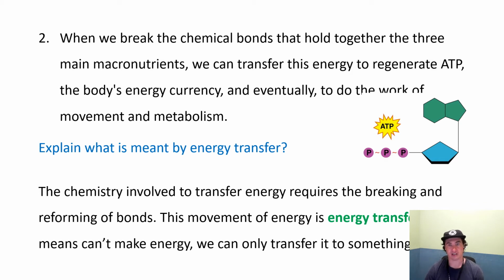A good way to think of it is having three kids in the back of your car, three siblings that, in a space like that, close together, there's a bit of tension between them, especially on long trips. That tension, in this example, is energy. If we split that tension, we release some energy. This movement of energy is called energy transfer.